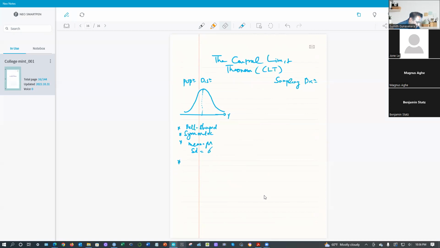Then, this is the mean, and this length is called the spread. This is the standard deviation, sigma.